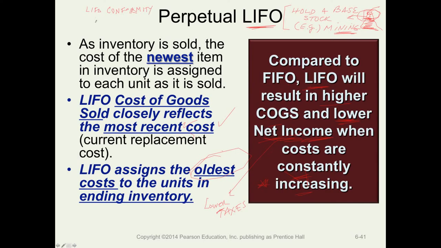That's coming from the IRS, the Internal Revenue Service. It's a U.S. rule. U.S. GAAP is affected by this. So the Internal Revenue Service in the United States has a LIFO conformity rule, which says that if you want to use LIFO for tax, you have to use it on your books.